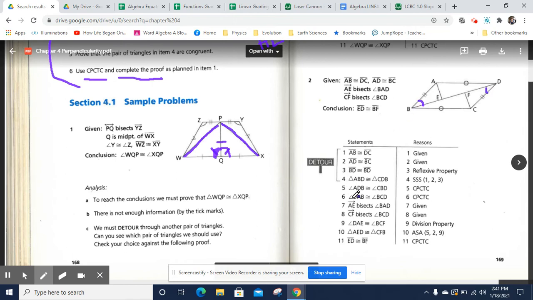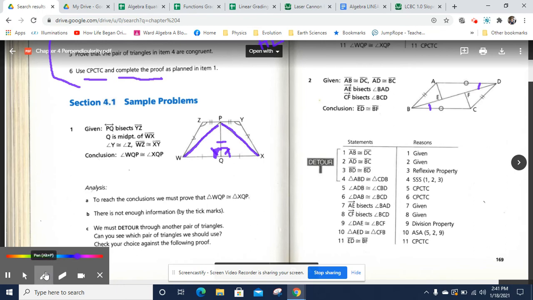Okay, so hang on a second. I've gone a little out of order here. Let me back up for a second. Get rid of that for right now, and we'll label it differently. But it actually doesn't matter. We could have done it either way. So ADB here is congruent to CBD by CPCTC.